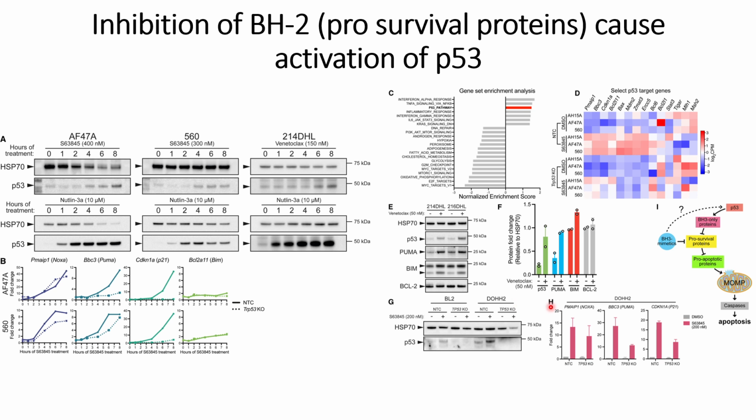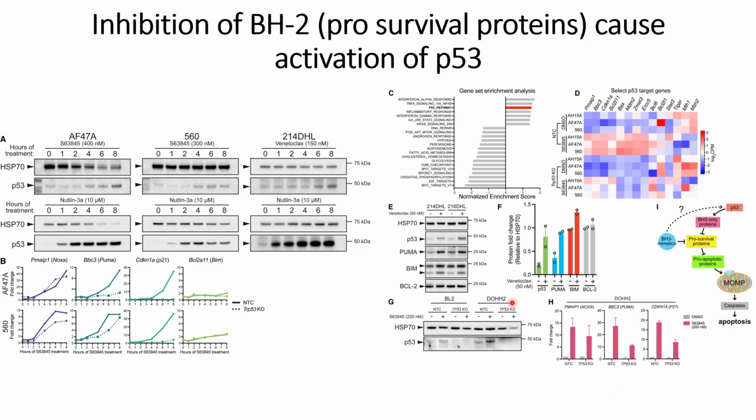For DOHH2, they see that in the case of control, there is an increase in the markers for the p53 genes such as NOXA, BBC3, PUMA, and P21, but there is less increase in the markers in the case where TP53 knockout cell lines are used, and those results are shown here for NOXA, PUMA, P21.